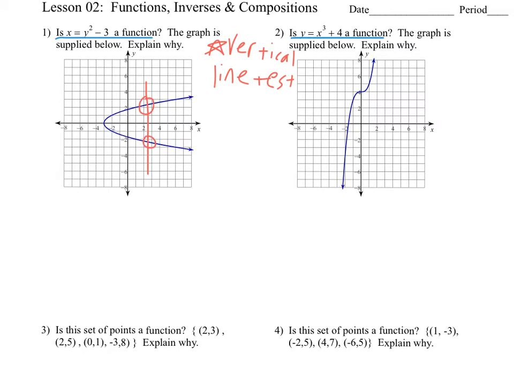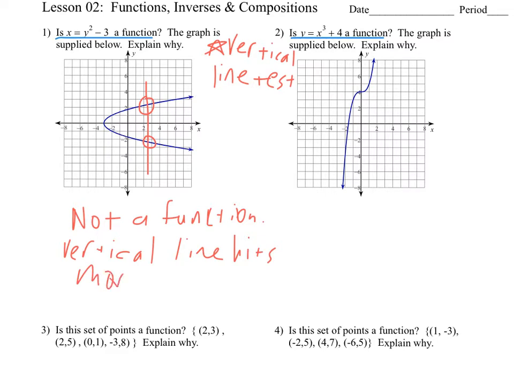It's like an up and down line. And so that tells me that no, this is not a function. And so for the explanation, you can say vertical line hits more than once.